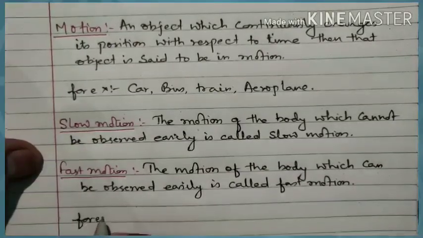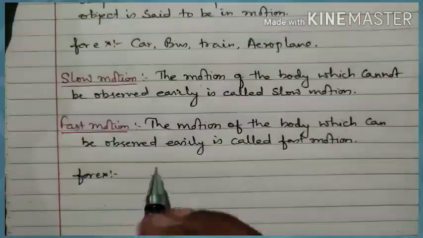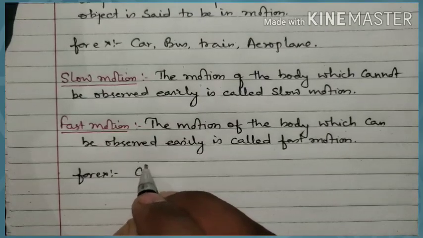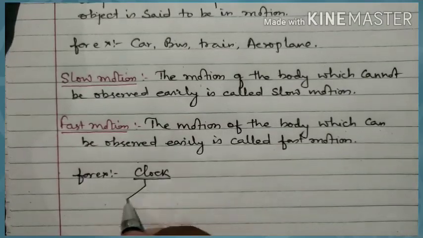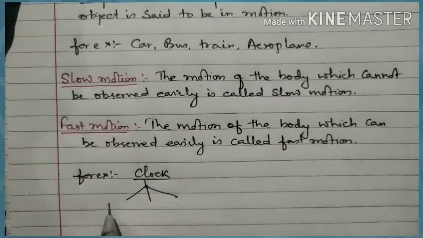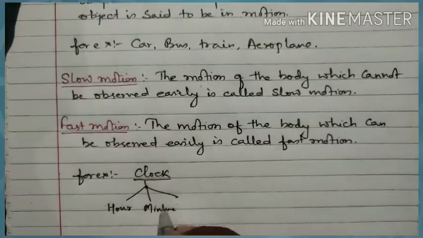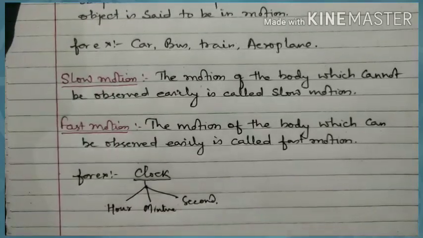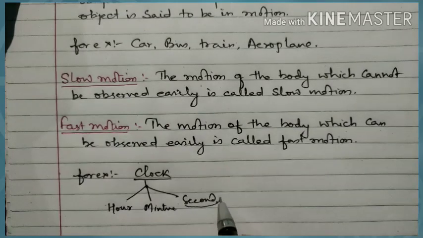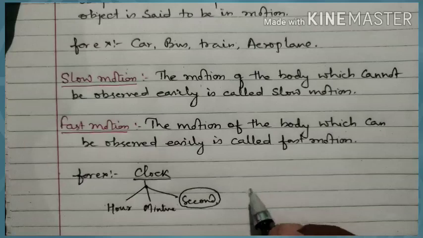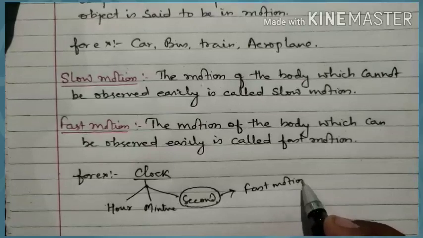Let us see some examples related to both slow motion and fast motion. Let us talk about a clock. A clock has 3 hands: the hour hand, the minute hand, and the second hand. Among these 3 hands, we can observe the movement of the second hand, so the second hand is in fast motion.